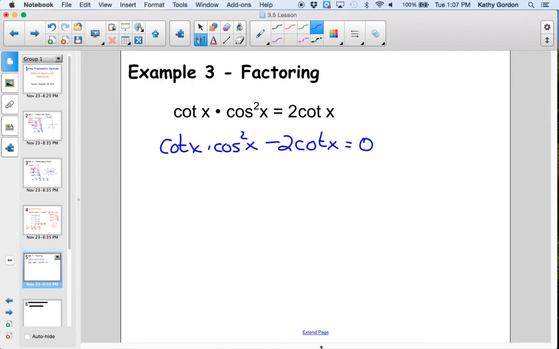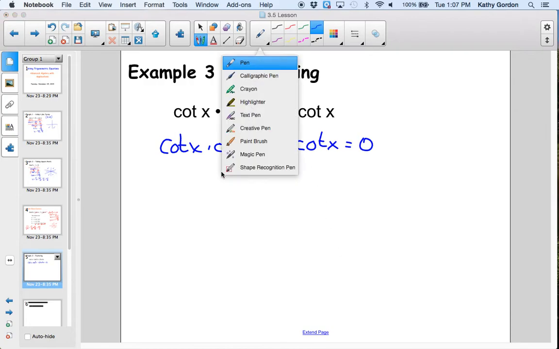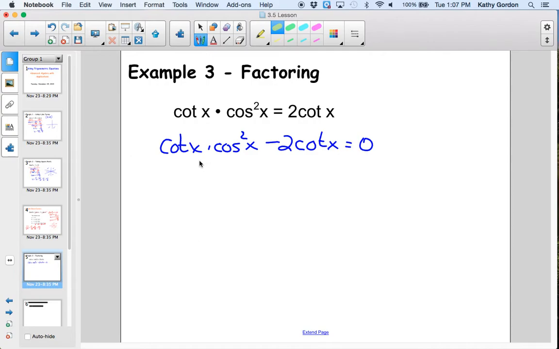Okay? And now, I have a common factor. So the thing that you saw as being the same thing on both sides, well, now that I've moved it over to be on the same side, instead of seeing it as something to cancel, it's now becoming something to factor.